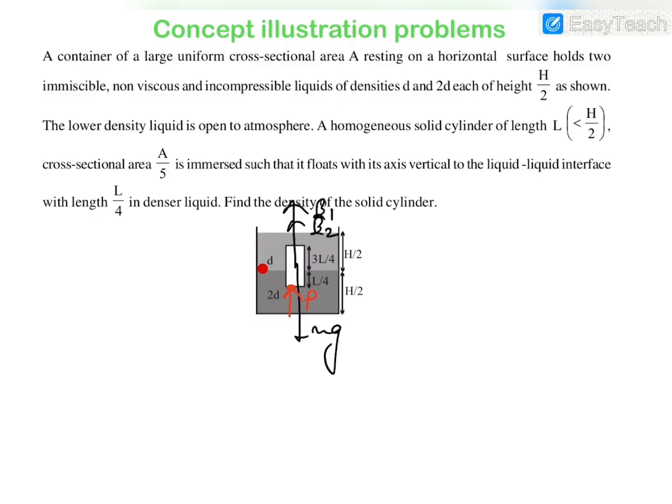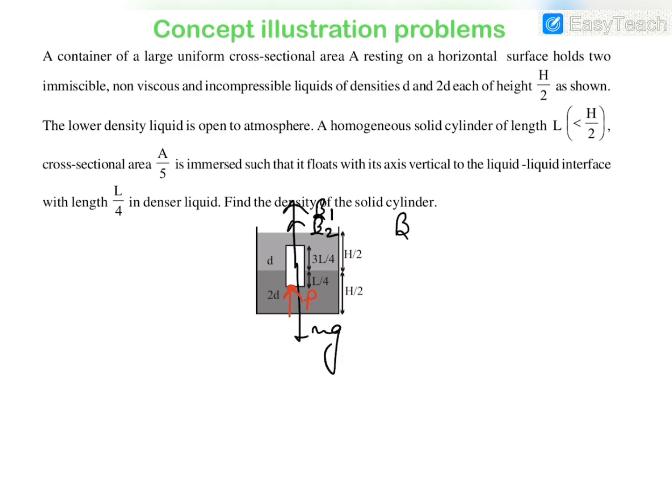So due to this liquid also, the pressure at this point has increased, and hence while writing the force in the upward direction, we are indirectly adding the force applied by this liquid also. That force will be exactly equal to the buoyancy. So the difference of the net force applied by this liquid is exactly the buoyancy, and we can directly add up the buoyancies and calculate the total force acting in the upward direction.